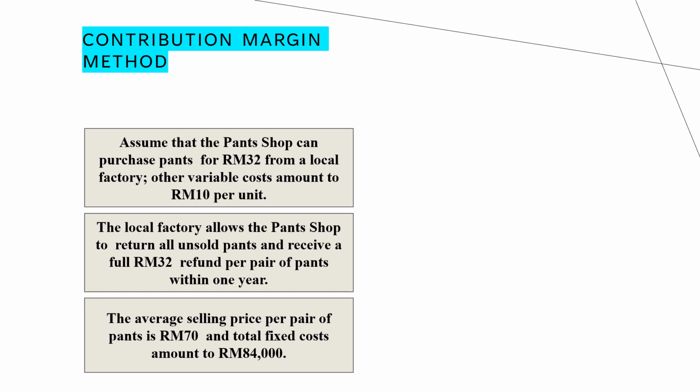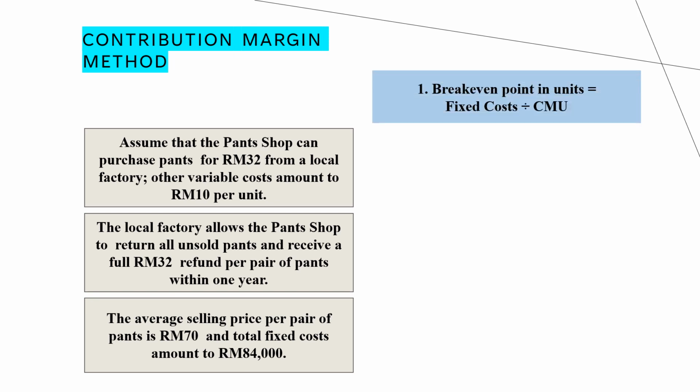Okay, using the same example, we try to calculate the break-even point in units by using the contribution margin method, or CMU. The formula is fixed cost divided by the CMU, and you can get the break-even point in units. So we just put here 84,000 divided by 28.